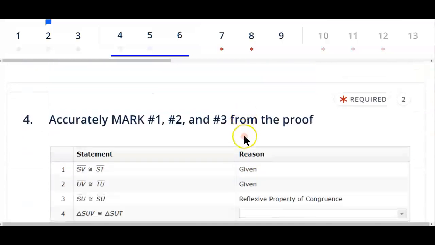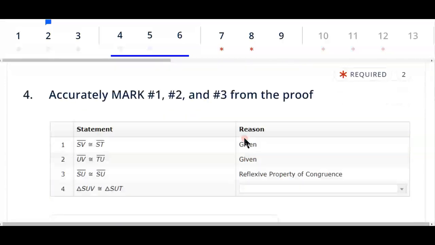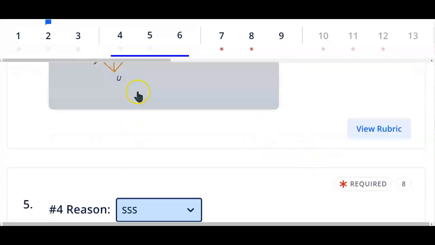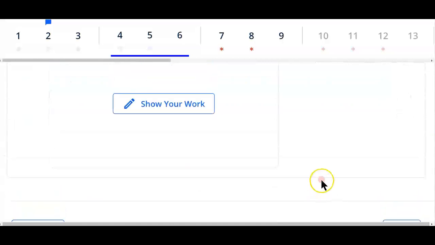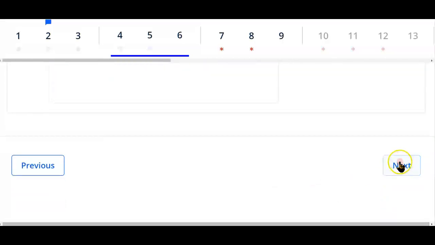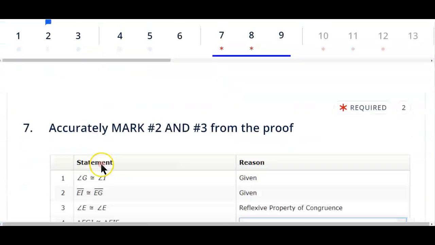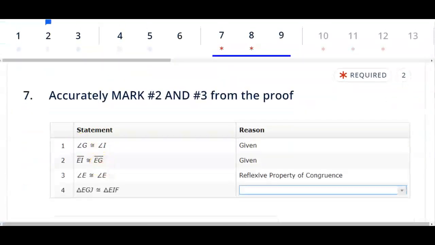This was the best compromise I could find to be able to mark your diagram and mark your reasons. All right, anyone have any questions before we move on to section C? Okay, section C, number 7.